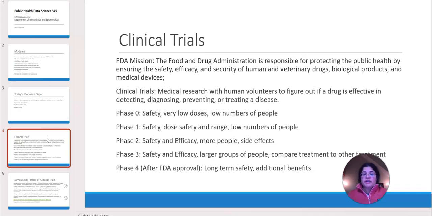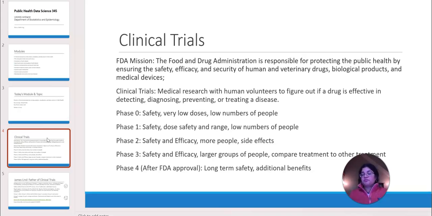Phase 0 is when you are just testing for the drug's safety, and it is given out in extremely low doses, and a low number of people are involved in the study. And the whole idea is to figure out, how do healthy volunteers respond to the drug?